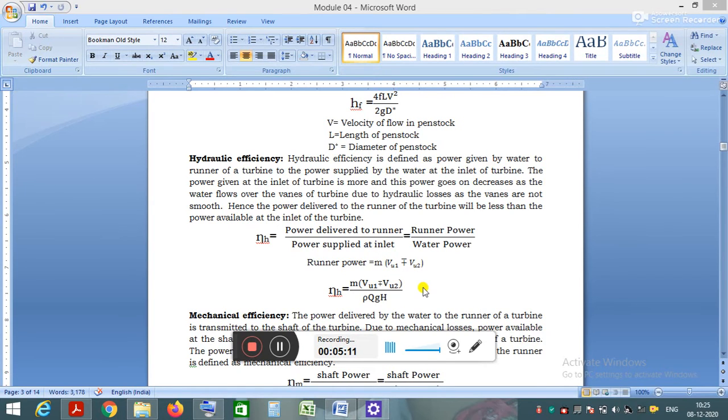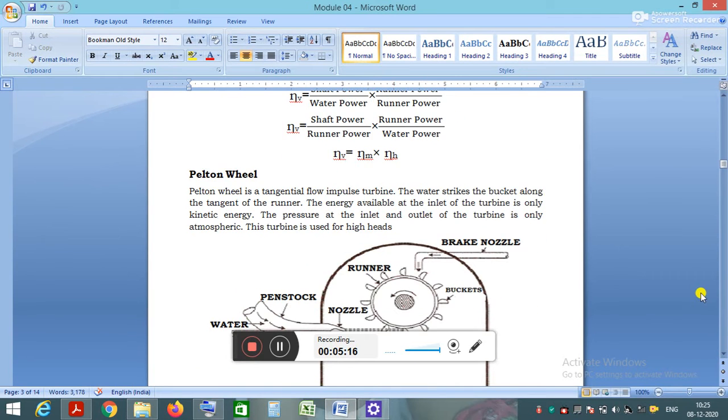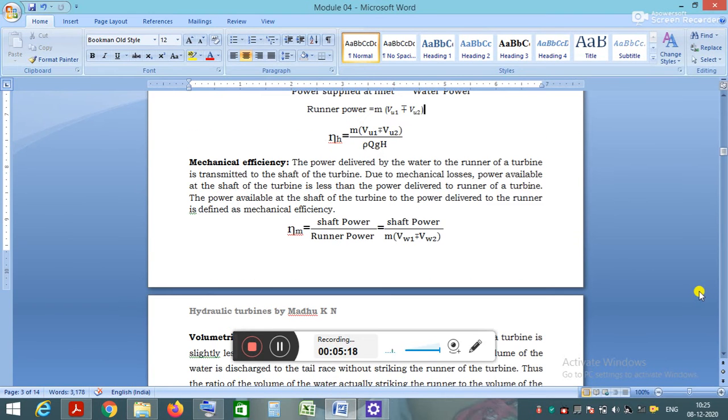The next one is mechanical efficiency. Mechanical efficiency is defined as the ratio of shaft power to the runner power. All the power which is supplied by the water to the blades is not transmitted to the shaft on which the blades are mounted.